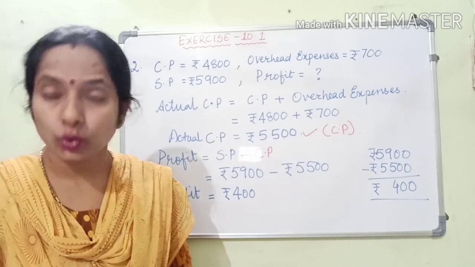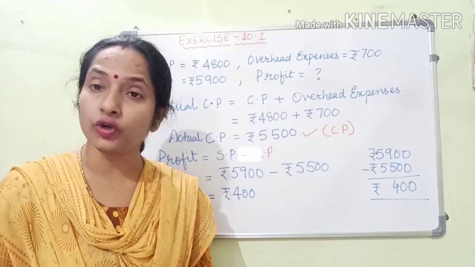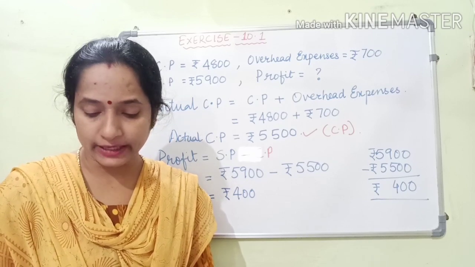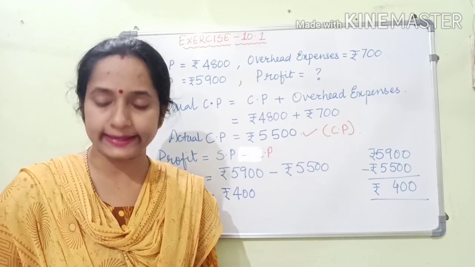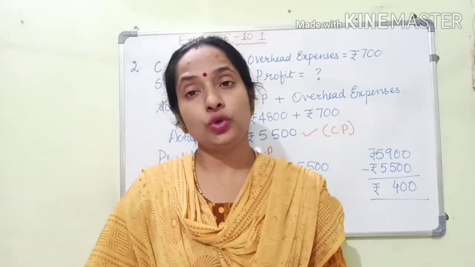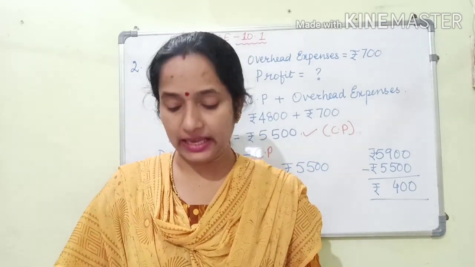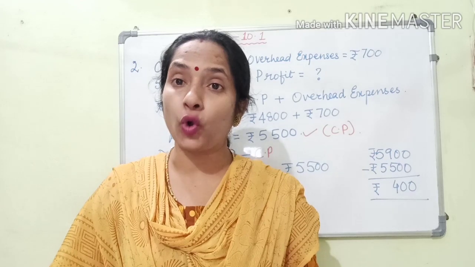Next we have question number 3, that is, 100 oranges were bought for rupees 350 and sold at the rate of 480. Find the profit or loss. In this question, you are given the cost price is rupees 350 whereas the selling price is 480.